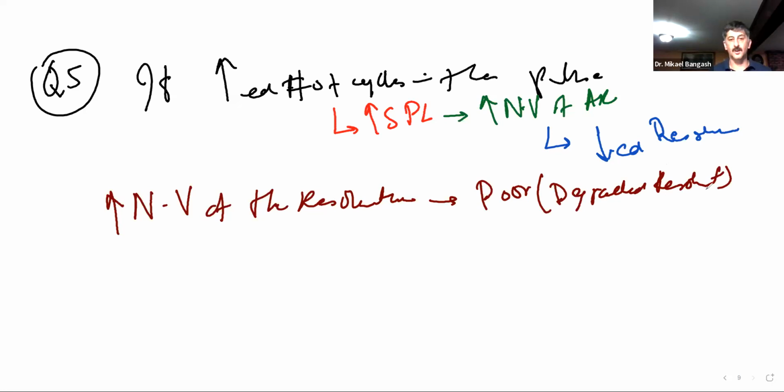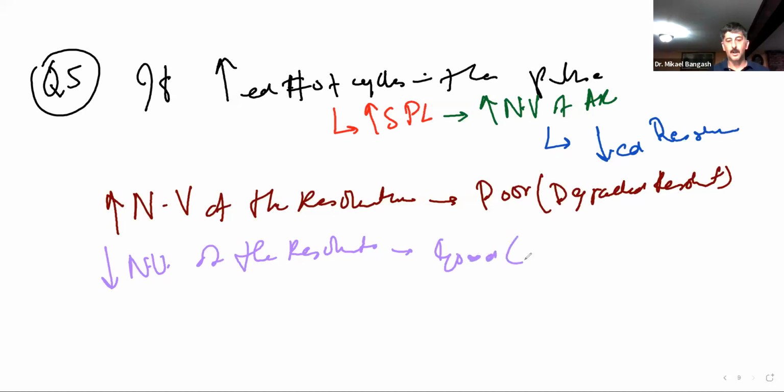Whereas just the opposite would be the lower numerical value of a resolution, meaning that you have a good, or in this case you may even say an improved resolution.